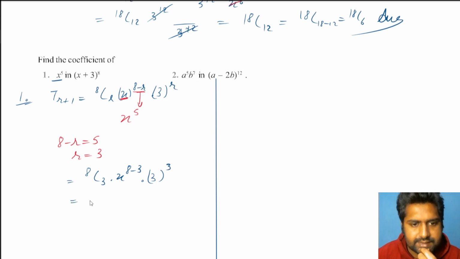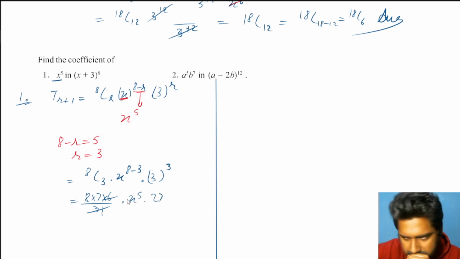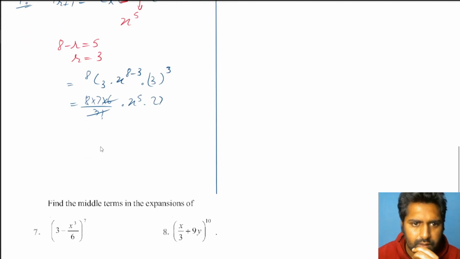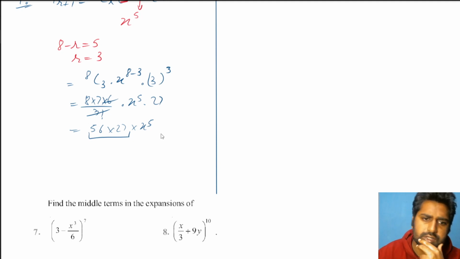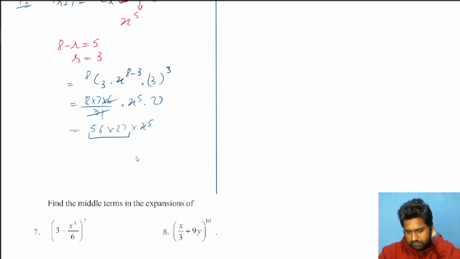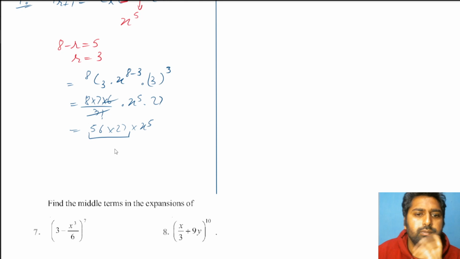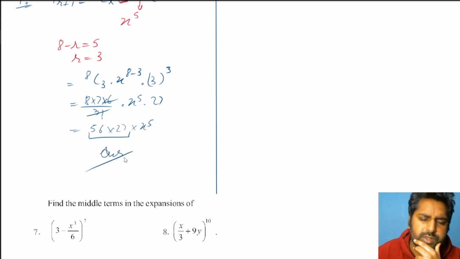Okay, 8c3, so use the same idea, 8 into 7 into 6, 3 terms backward, divided by 3 factorial, which is 6, cancel it, x raised to power 5, 3 raised to power 3 is 27. So multiply it now. 8 7s are 56 into 27 into x raised to power 5. The coefficient is the multiplication of these two, 56 into 27. Again, not solving the multiplication, you can solve that.